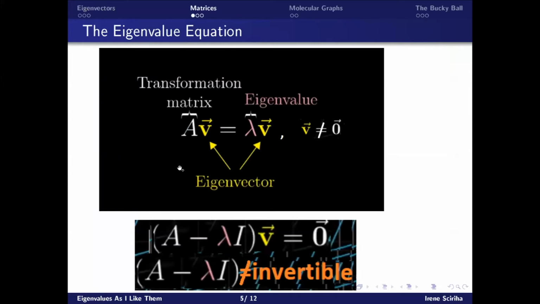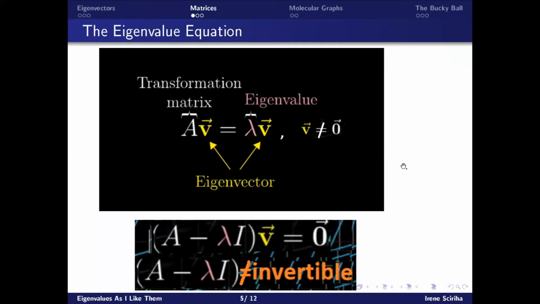So I know you've seen this by now. You're experts on the eigenvalue equation. You have the transformation matrix A operated on an eigenvector V. You get an eigenvalue lambda, and V is not 0, because if V is 0, obviously A operated on 0 always gives me 0, so that's always true.